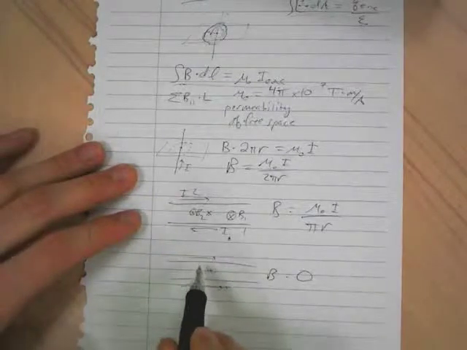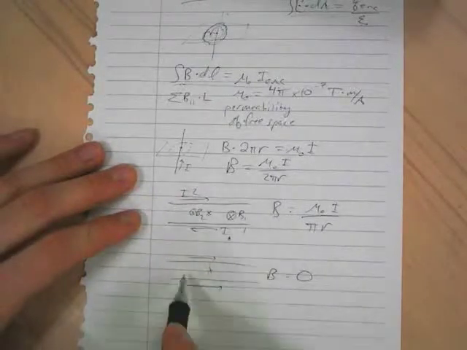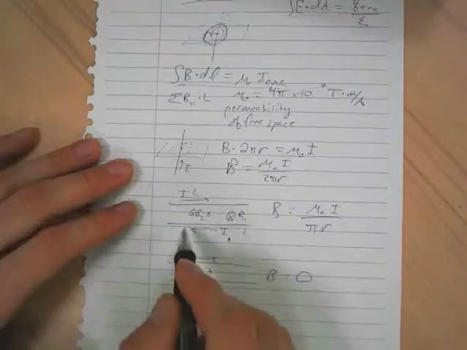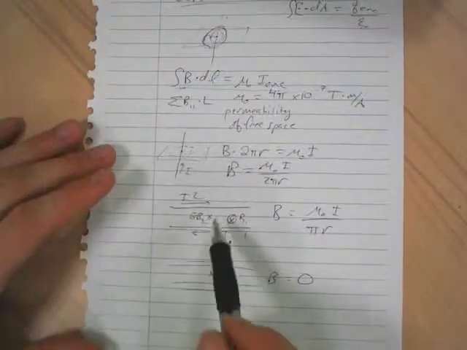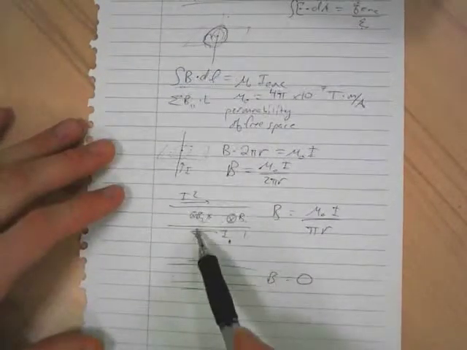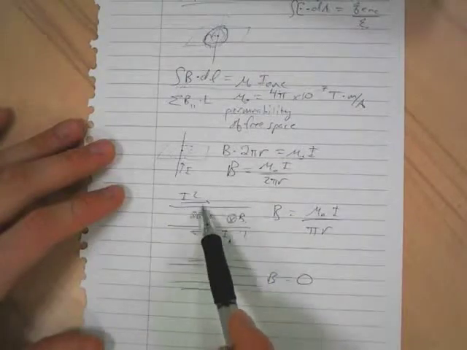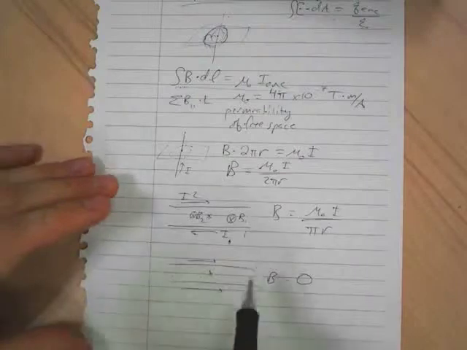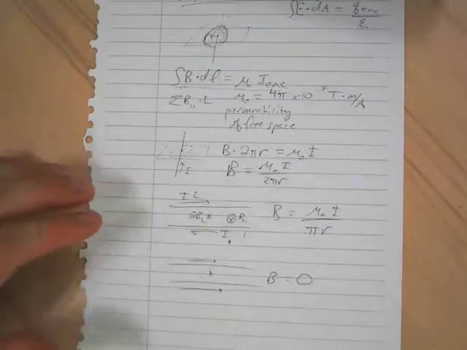First off, pause the video, think about, and consider whether you think the force for each of these pairs would pull the wires together or push them further apart, whether it's going to be attractive or repulsive. So pause the video, think through that, and again, I'll work it out, and we'll see if you're right.